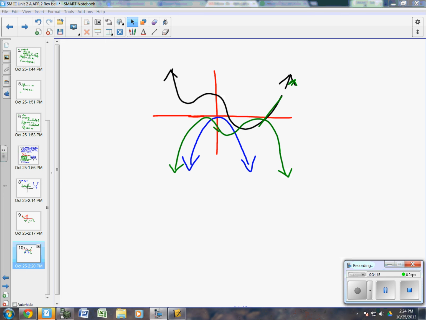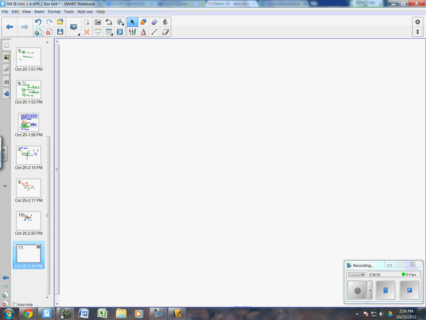Okay, what about three real roots? Who wants to come and draw one of that? Need a volunteer. Okay, Stetson's got it. Three real roots, 4th degree still.